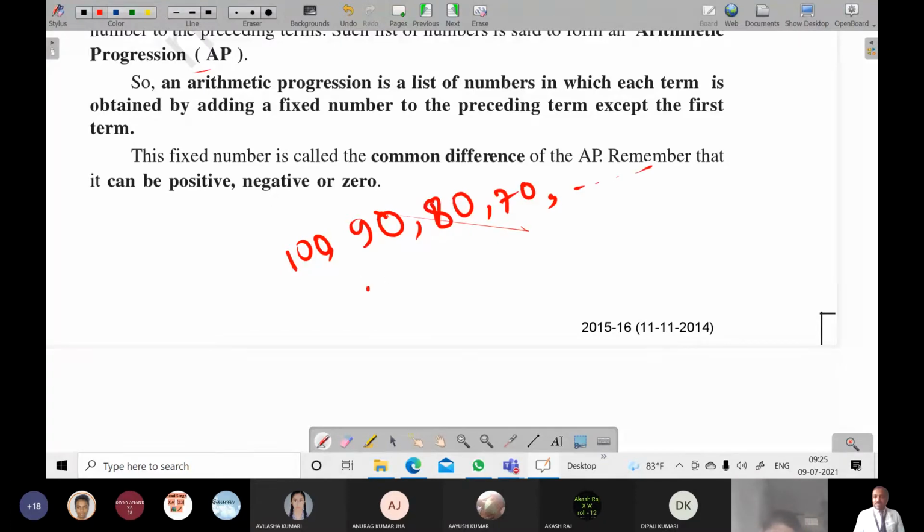So here the common difference is minus 10, because minus 10 is being added.